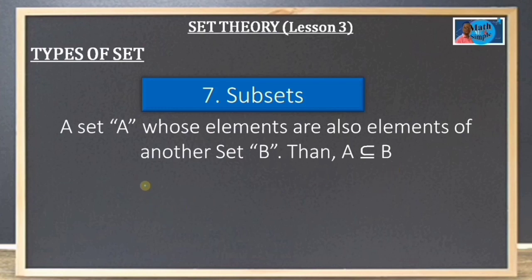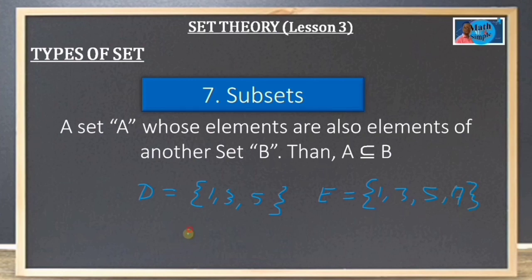So for example, if we have set D equals 1, 3, 5, and set E equals 1, 3, 5, 7.